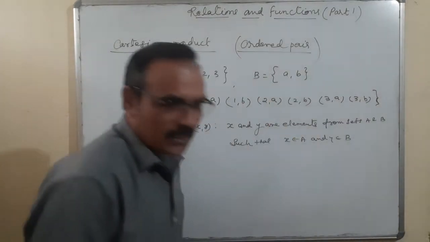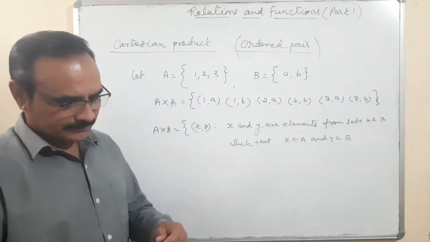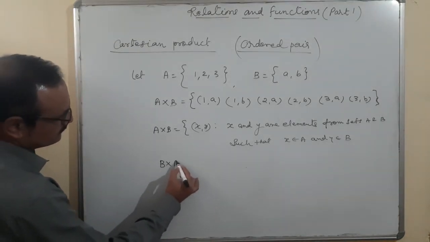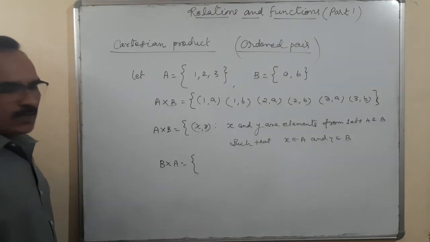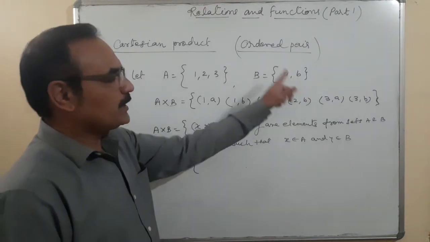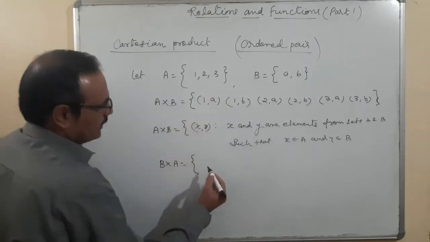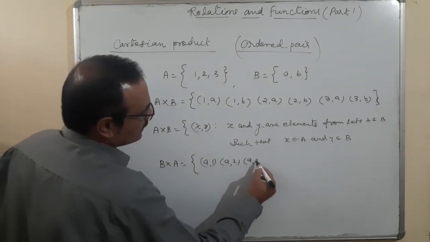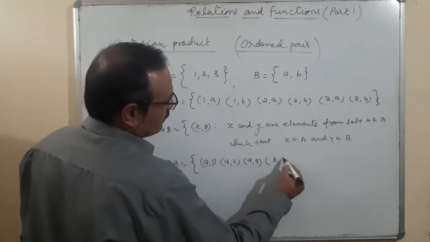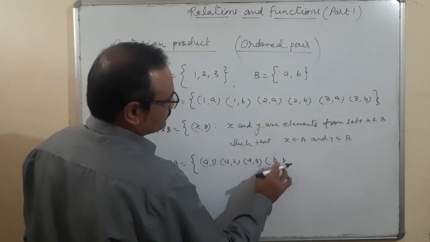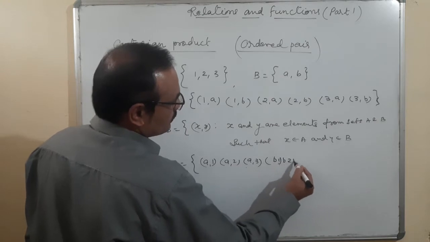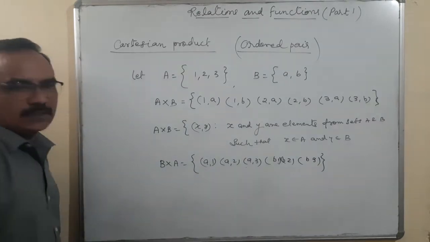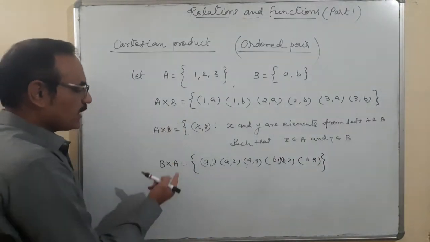Can you tell me, are A cross B and B cross A both the same? Now I am making B cross A. First set is B. So we have to write here a1, a2, a3, b1, b2 and b3. So what does it mean? Are A cross B and B cross A the same?